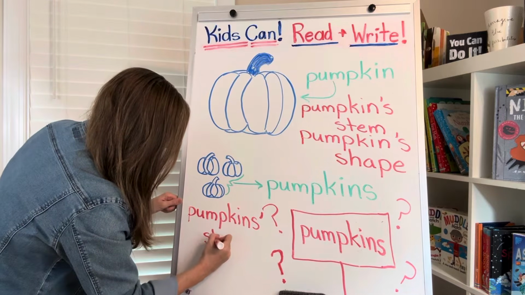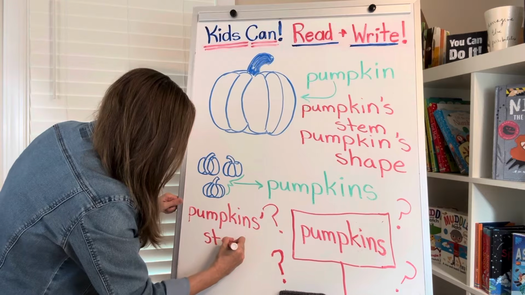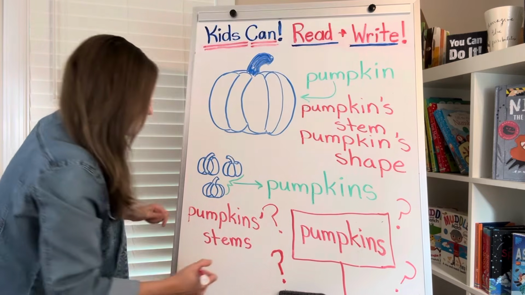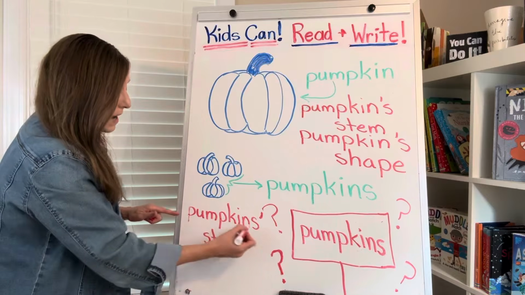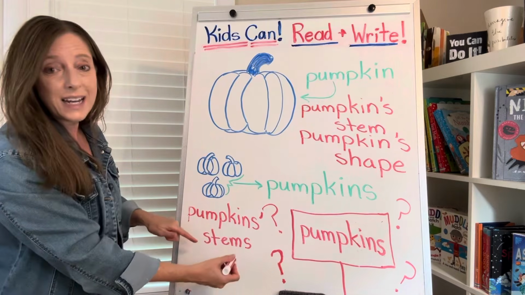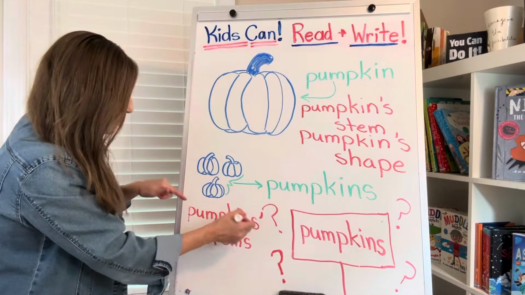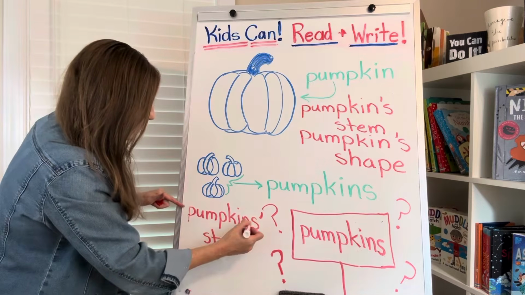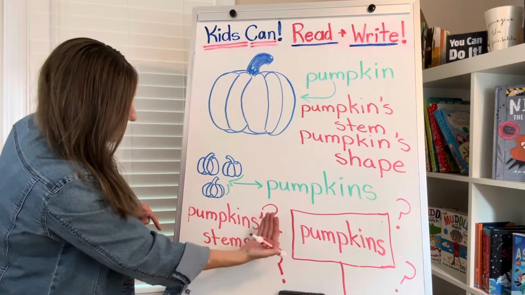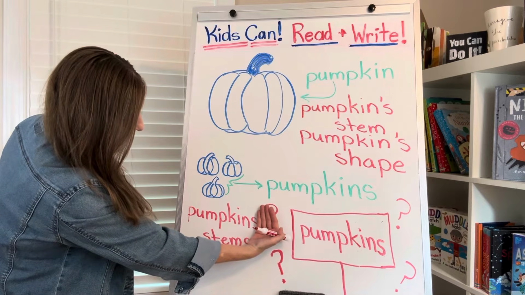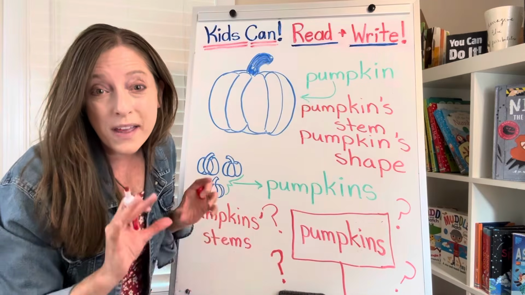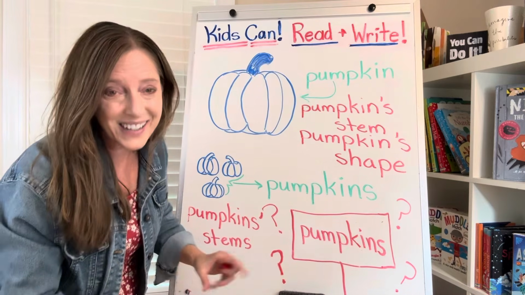Okay, we're talking about more than one pumpkin, so we're talking about more than one stem here. The pumpkins' stems. Notice, pumpkins owns the stems. The stems belong to this word, so it's the pumpkins' what? The pumpkins' stems. Now notice if I cover the apostrophe, how that S is still there. That means we're talking about more than one pumpkin, okay?